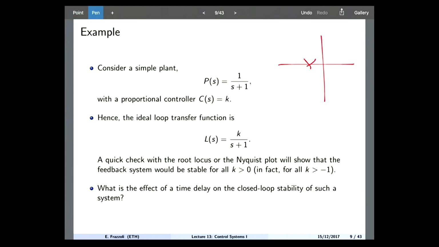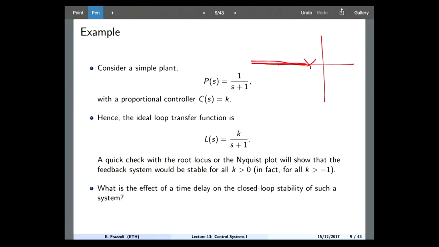You have a pole here at, say, -1. What does the root locus look like for a positive k? Anybody? It goes to infinity, where? To the left, yeah. So for whatever value of k, the closed loop will be stable.